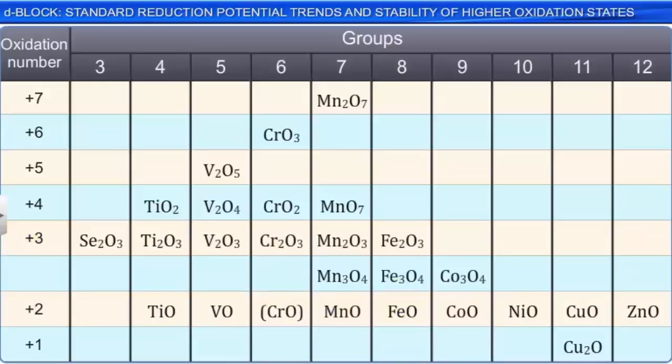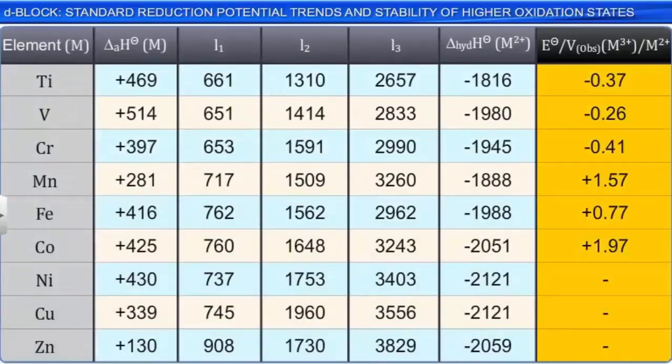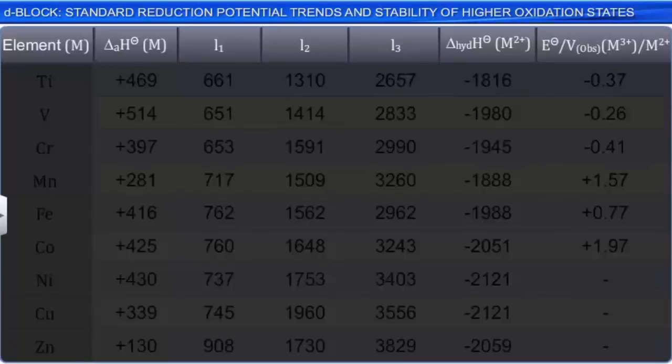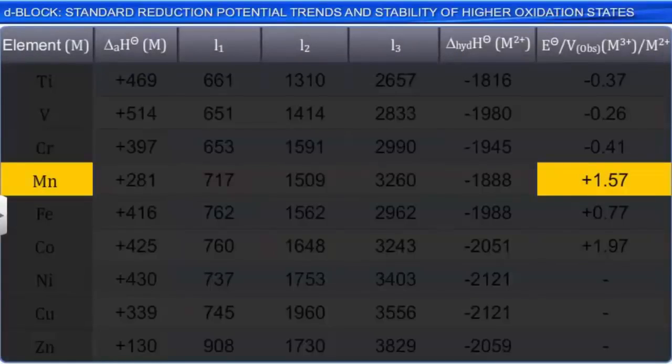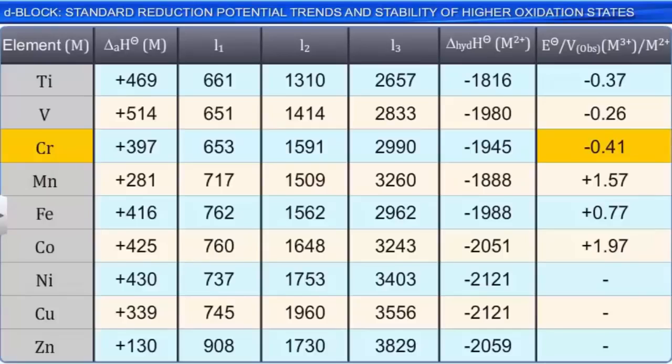The observed electrode potentials for these elements are shown in the table here. The lower value for vanadium is due to the stability of V2+, as it has a half-filled t2g level. Manganese has a higher electrode potential value than chromium and iron because of its very high third ionization energy, which is again due to the stability of the half-filled d5 configuration.